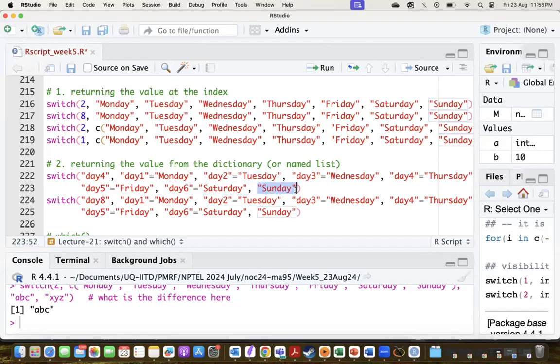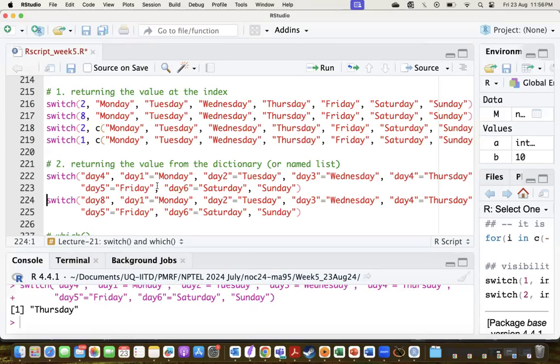And you can always have some places where you don't have a name, right? So there is no name here. So if I write this, it says, okay, extract day 4.